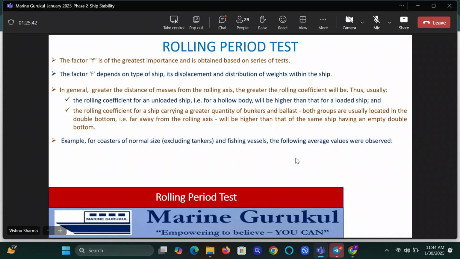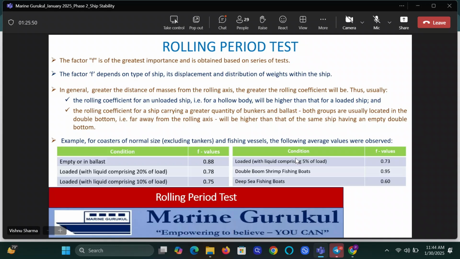Now, these are just indicative figures. The rolling coefficient of different types of ships and in different conditions are typically like this. Empty or ballast, it is 0.88. The same ship, when it is loaded with liquid comprising 20% of the load, it comes to 0.78.